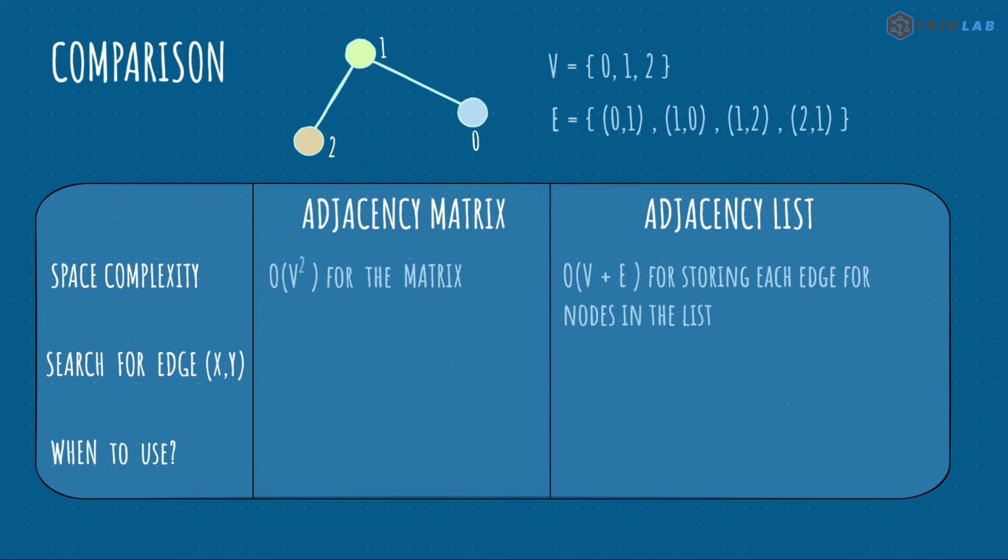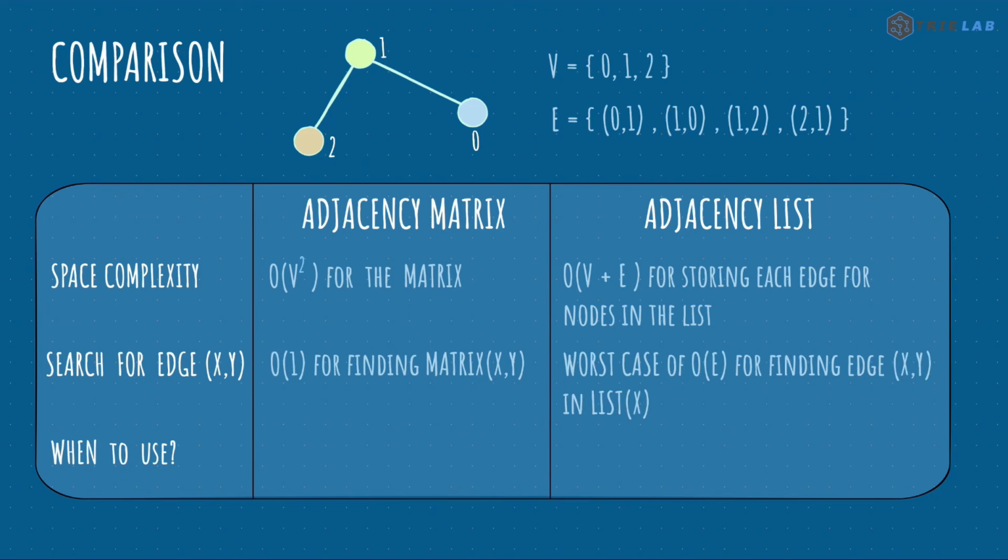Now the matrix representation will be really useful when you have to quickly check if an edge exists, since you can easily represent the pair of vertices by the row and the column, and you can search for the edge in constant time. While in the adjacency list, you have to go to that particular node and scan through its list to find if the edge is actually present. In the worst case, it might go up to O(E).